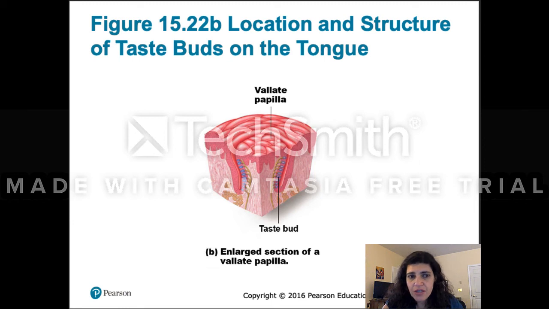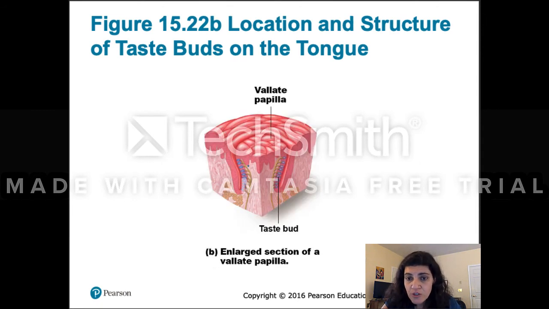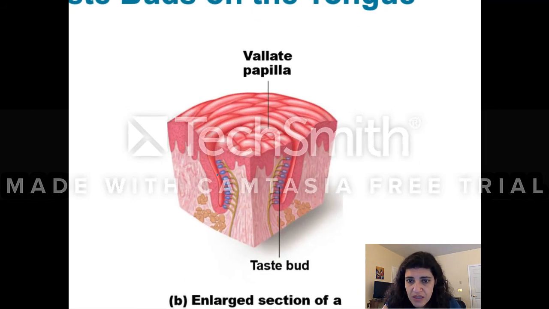Contrary to common knowledge, some people say you use the front of your mouth for a specific type of taste and the back of your mouth for another type of taste. What the book suggests and explains is that all these different papillae are able to taste all the different tastes. This is an enlarged papilla. That's where the taste buds are. Each one of these little blue things here is a taste bud.